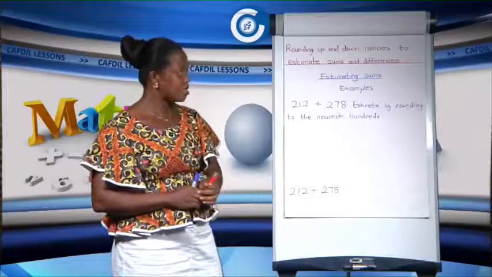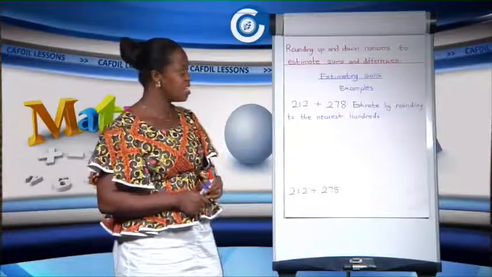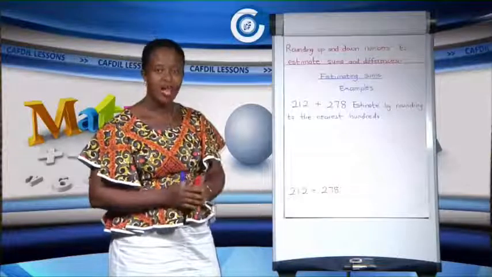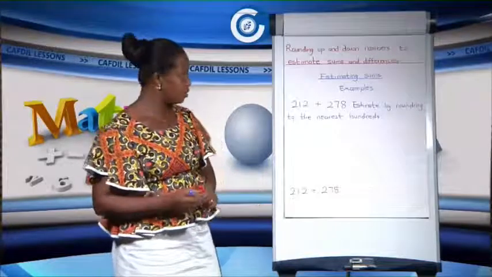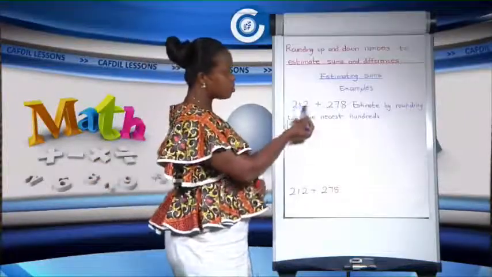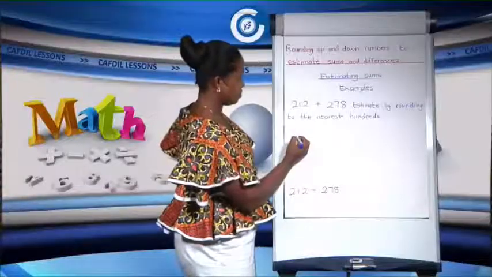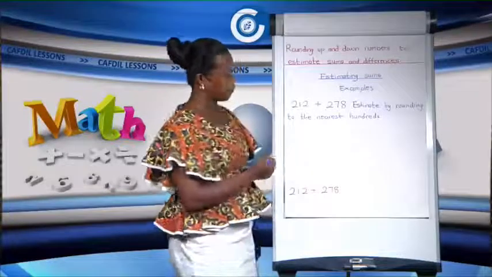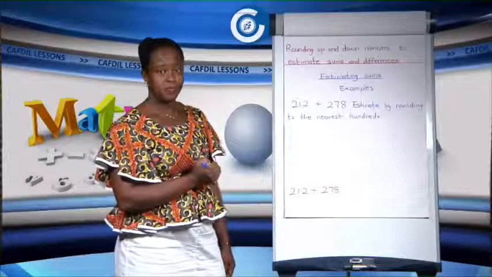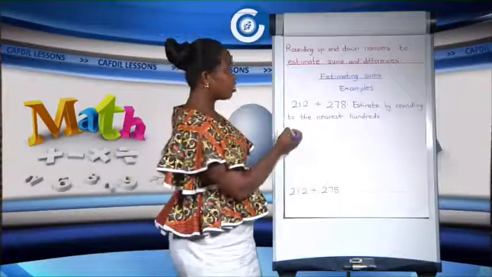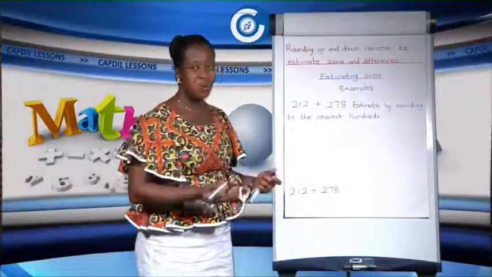So before that, let's round the numbers to the nearest hundred. After that, we add everything. Good. So I have 212 here. We are rounding it to the nearest hundred, which is not new to you. So rounding 212 to the nearest 100 will give us 200. Why?